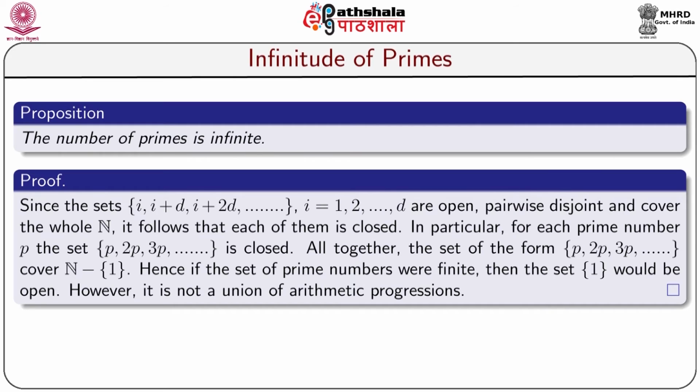In particular, for each prime number p, the set {p, 2p, 3p, ...} is a closed set. Altogether, the sets of the form {p, 2p, 3p, ...} cover ℕ minus {1}. Hence, if the set of prime numbers were finite, then the singleton set {1} would be open. However, it is not a union of arithmetic progressions. So this proves that the set of prime numbers is infinite.